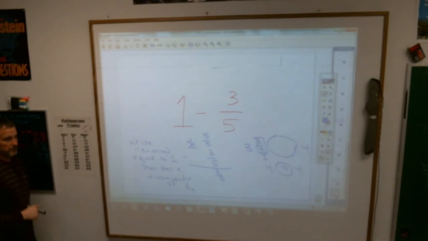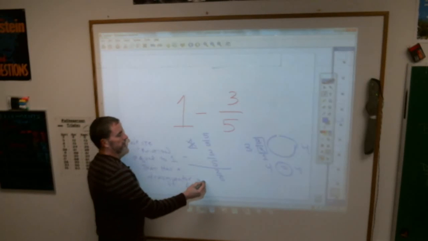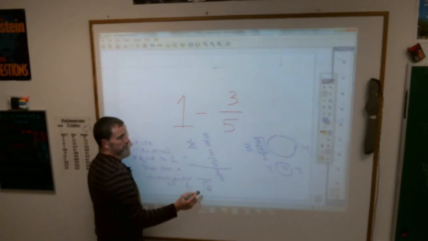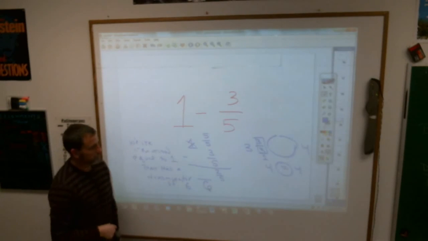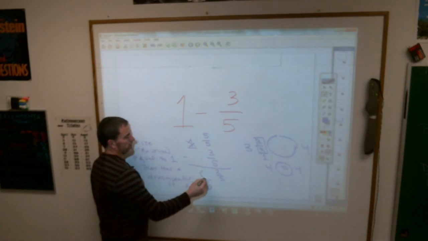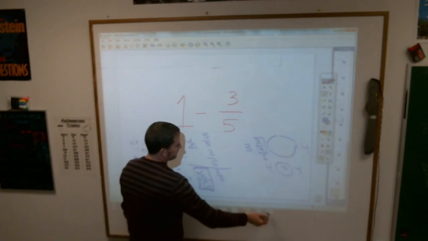What fraction that's the same as 1 would you write that has a denominator equal to 6? It gets really complicated now. Lauren? 6/6. Yeah, 6/6. That's pretty exciting, isn't it?